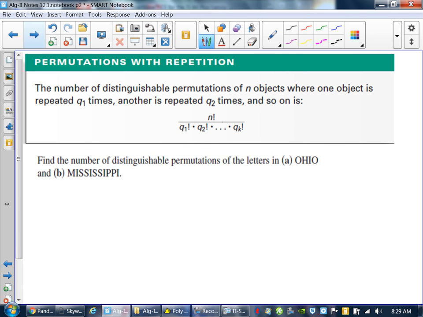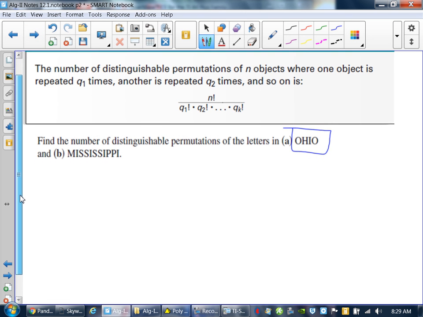How many letters are in the word Ohio? There's 4 of them. So what I'm doing here is taking 4 factorial, and I'm going to divide that by how many letters are repeated. Well, 1 letter is repeated twice, so I divide that by 2 factorial.